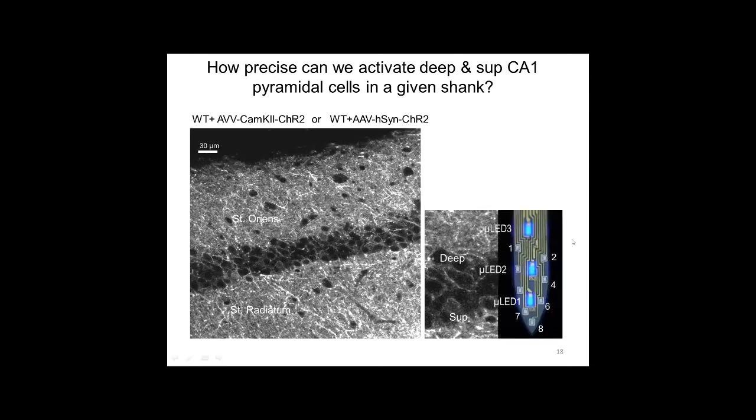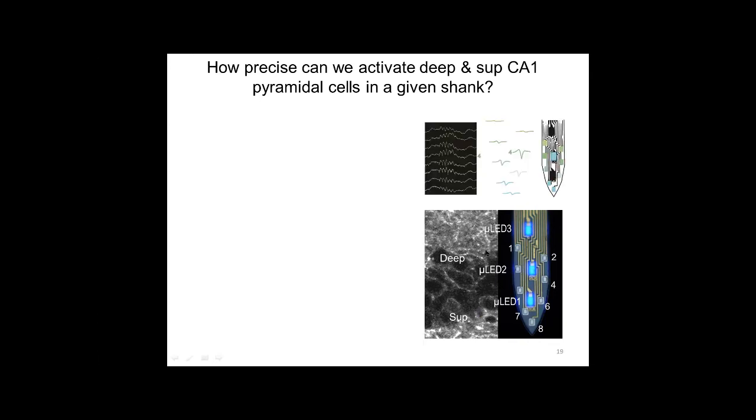So you need to penetrate the region very slowly to locate the probe across the region, and use your stereotaxic information and learn from your spontaneous events to infer precisely where you are. Once you are properly located, the hope is that with this micro-LED design, it will allow you to precisely control deep and superficial cells separately. But remember that deep and superficial CA1 pyramidal cells are really packed, and they are sometimes just 20, 30, 40 microns apart. So it's really challenging.